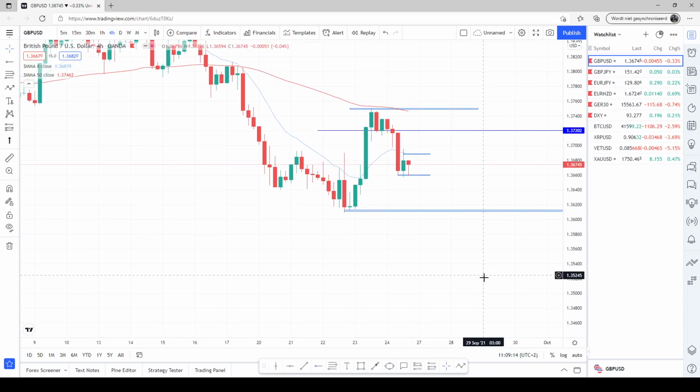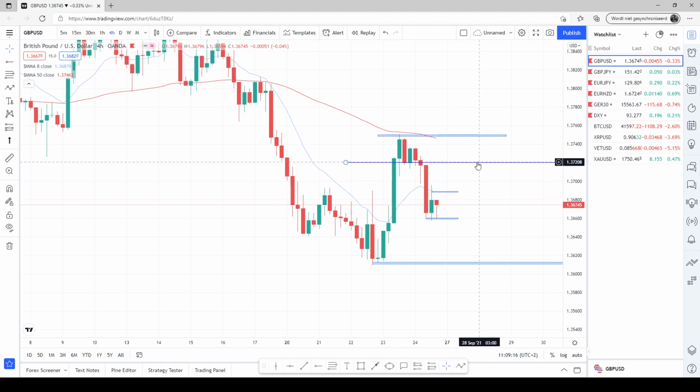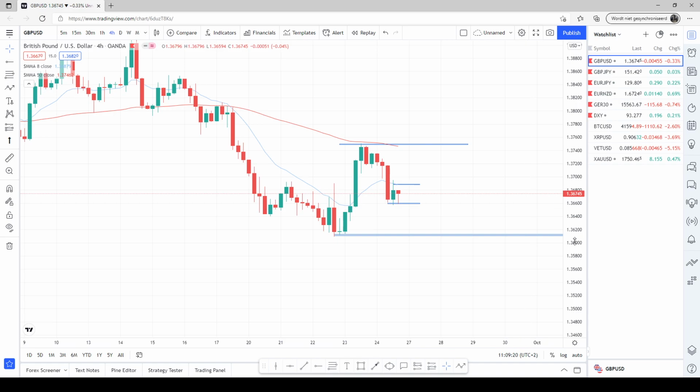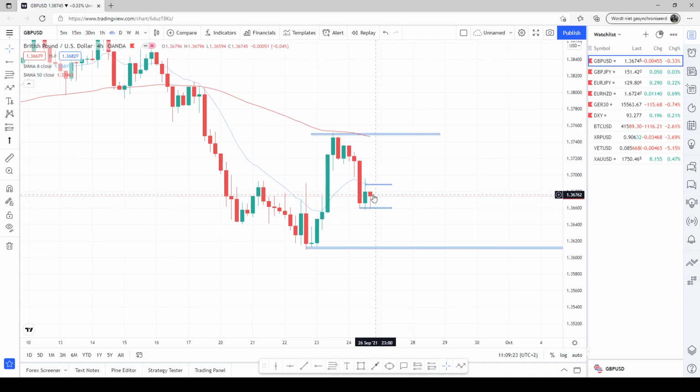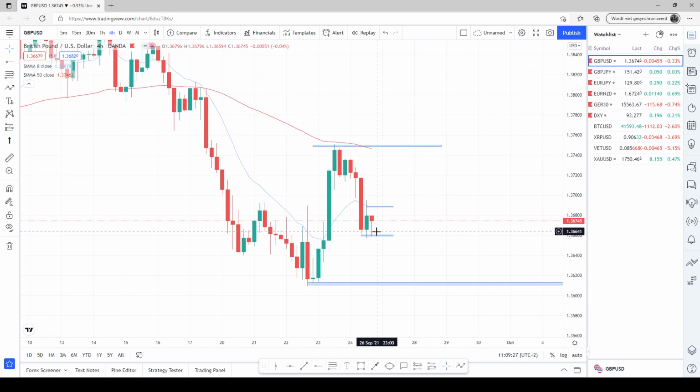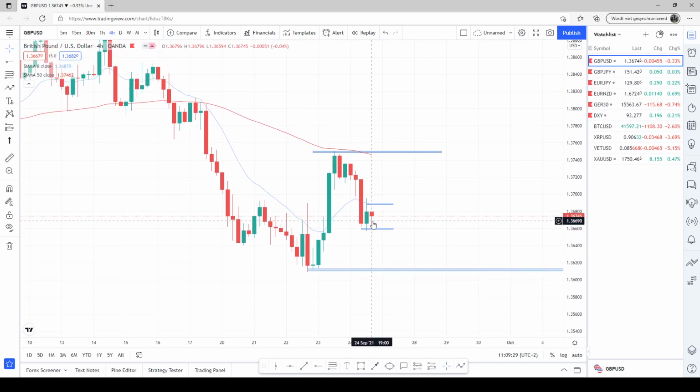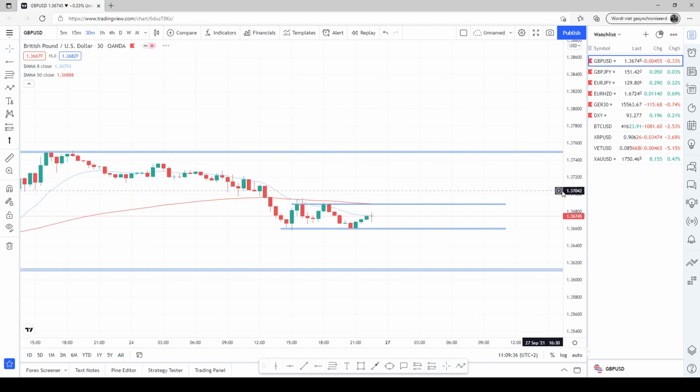So on a 4 hour time frame, we had a hammer. So it's not at the top of the range, not at the bottom of the range, but we do have a pretty long wick on the downside, on the lower end of the candle.